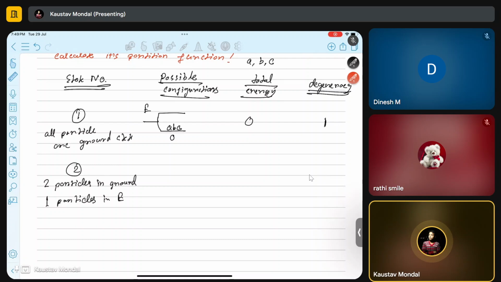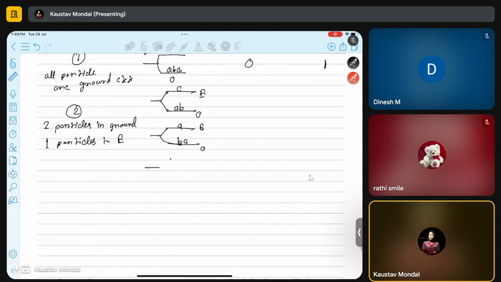The combinations are A, B, C, or B, C, A, or C, A, B, where in each case one particle is in the E state.